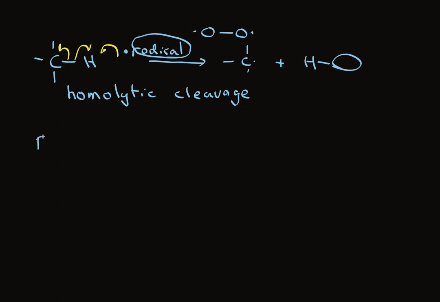There are compounds that you can provide enough energy for in a specific way to simply cause the formation of radicals. Bromine is one of them. We make two bromine atoms, and it's homolytic cleavage. This can also be chlorine, same kind of thing.